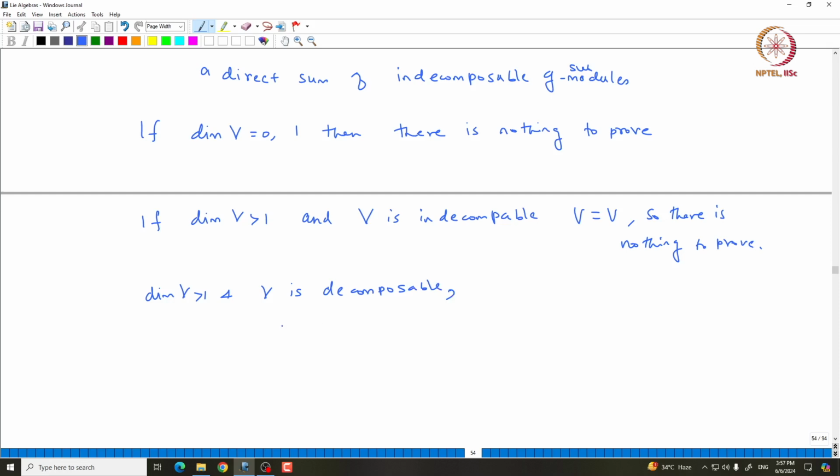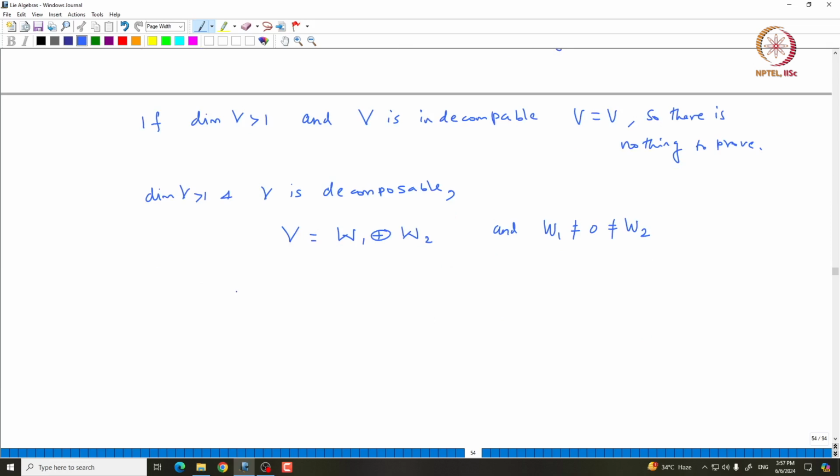In that case, V can be written as W1 direct sum W2, where both W1 and W2 are non-zero modules. That implies that the dimension of W1 must be strictly less than the dimension of V, and the dimension of W2 must be strictly less than the dimension of V. If it is equal, then that would imply that the other one is 0.